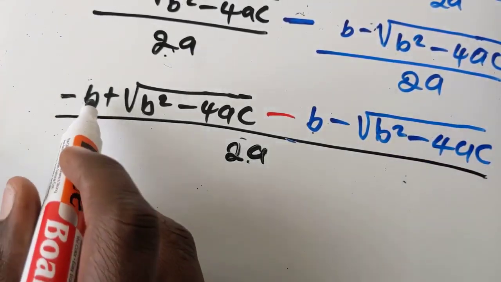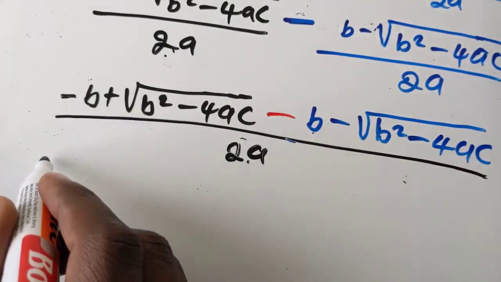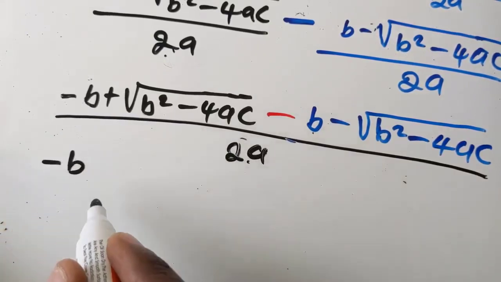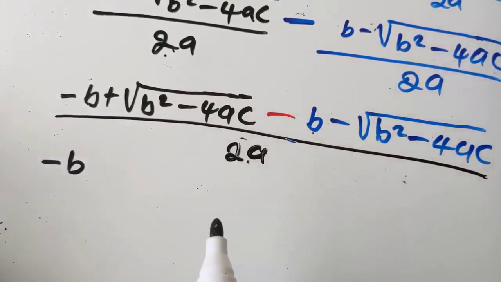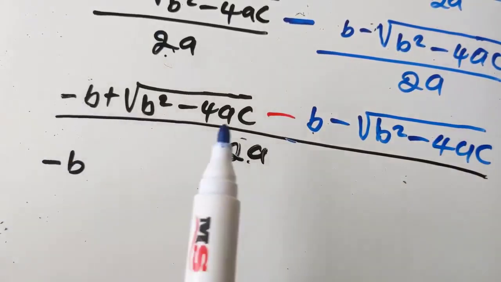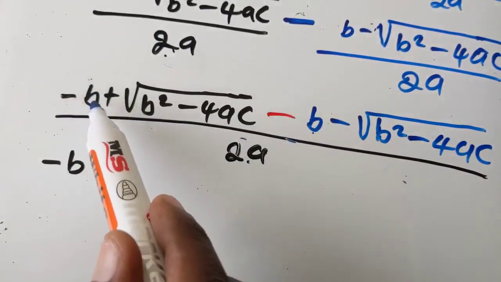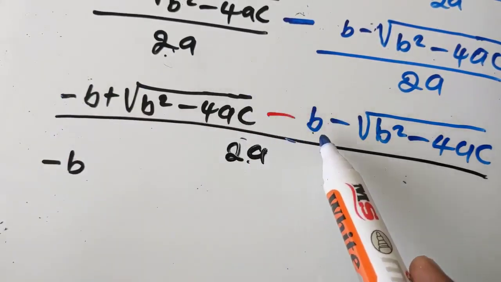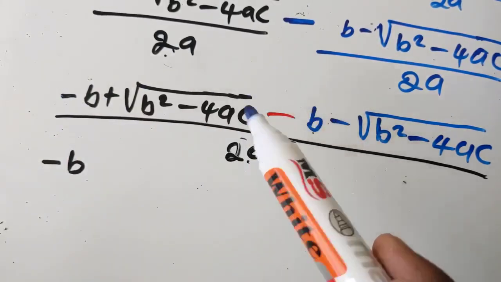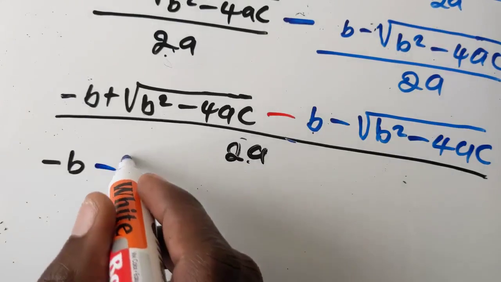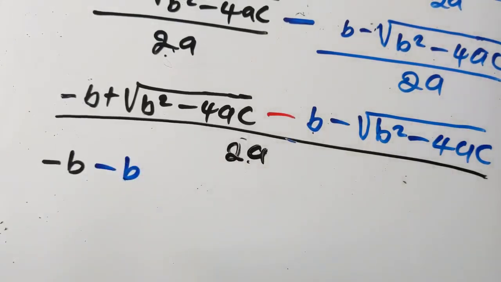So this is negative b, and when you are collecting the like terms, you go together with its sign. So this is also negative b.